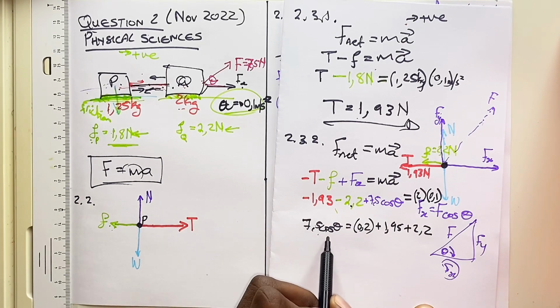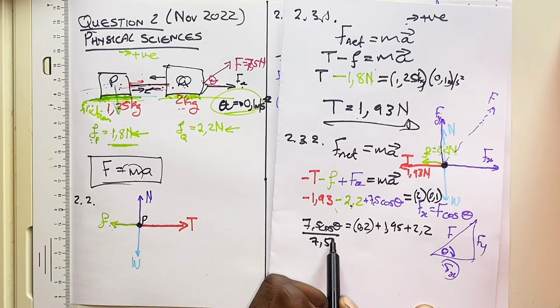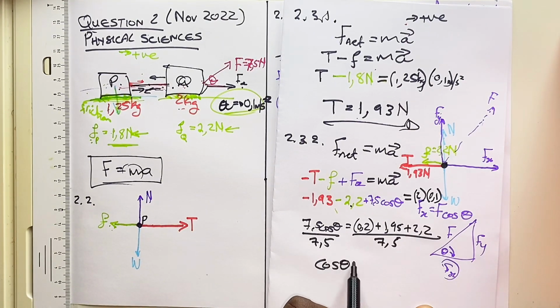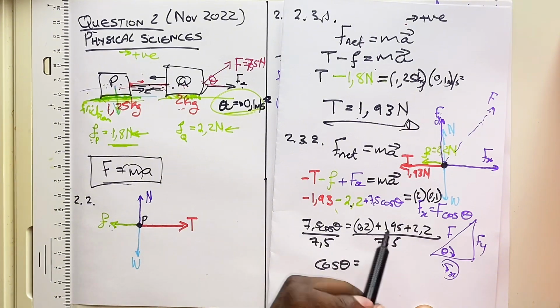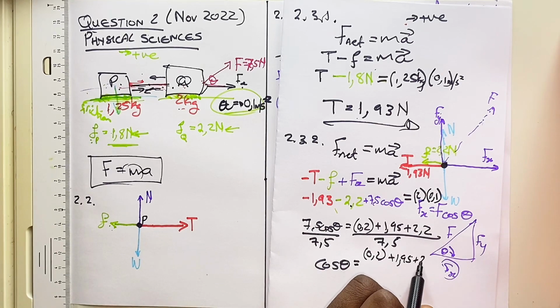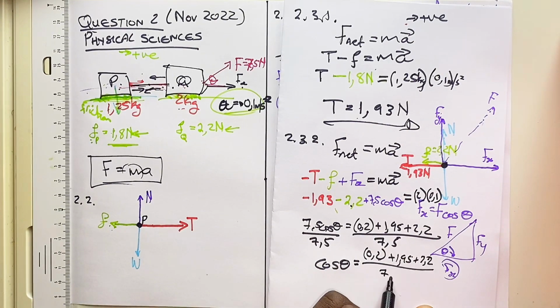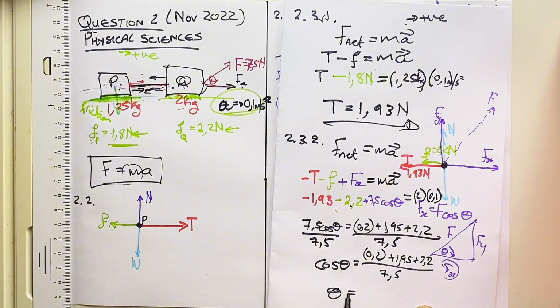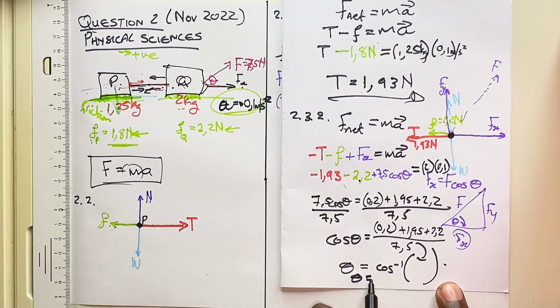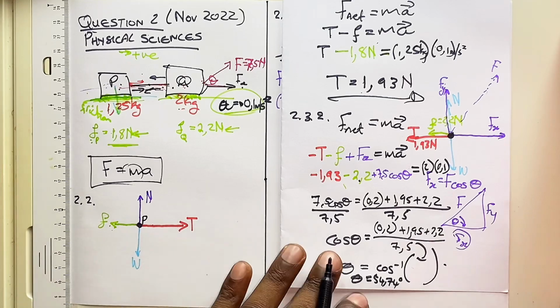Now we only want cos theta, so we divide both sides by 7.5, so that our cos theta is equal to 0.2 plus 1.93 plus 2.2 over 7.5. Now put that in, and you find that your theta is equal to 54.74, and that's how you calculate it.